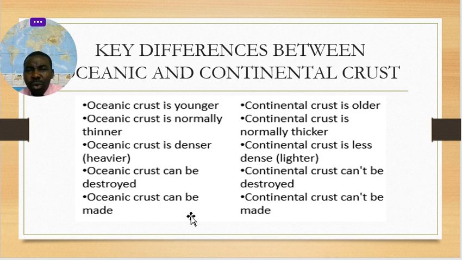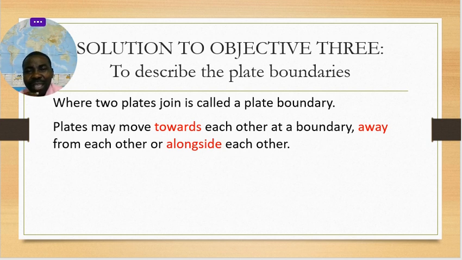Now we want to look at the third learning objective, which has to do with the plate boundaries, to describe the plate boundaries. That's our third learning objective. Okay. Now, what is a plate boundary?